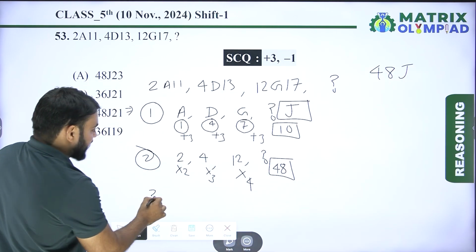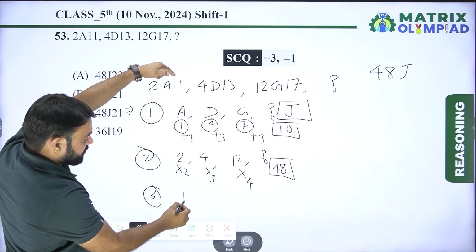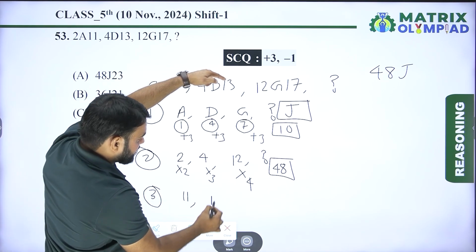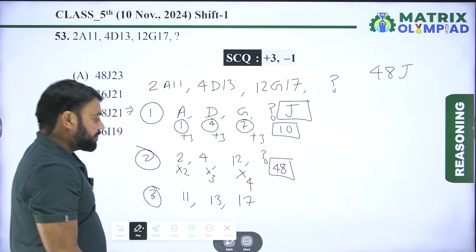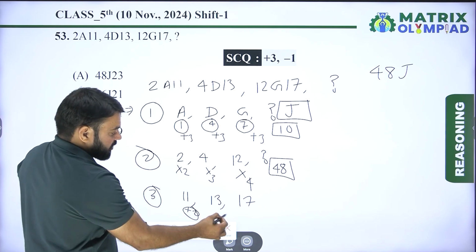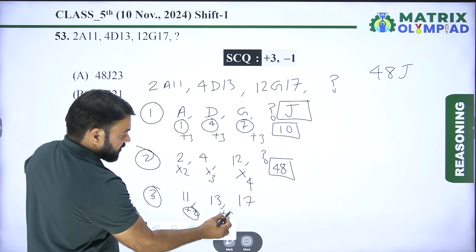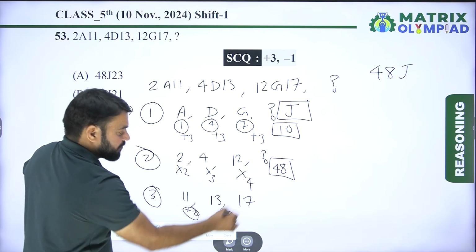Now taking second number of each term. So second number of first term is 11. After 11, next is 13. After 13, next is 17. So now check the pattern. 11 plus 2, it means 13. Now 13 plus 4, it means 17.